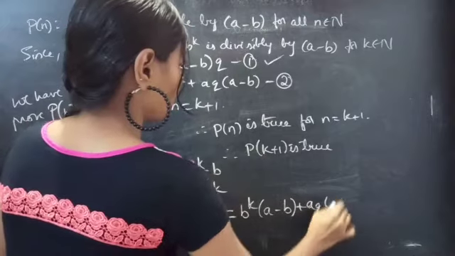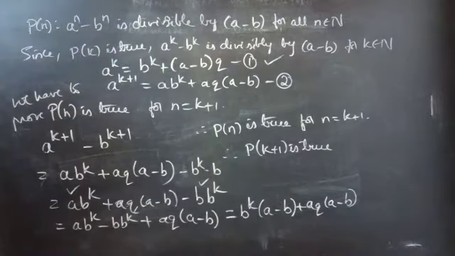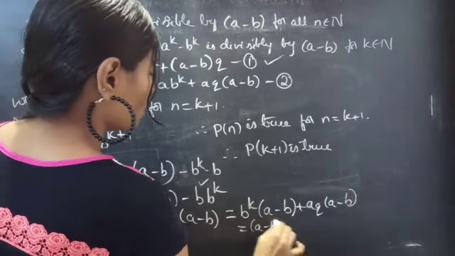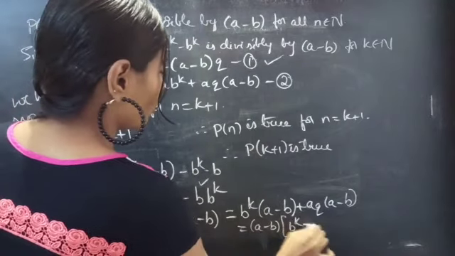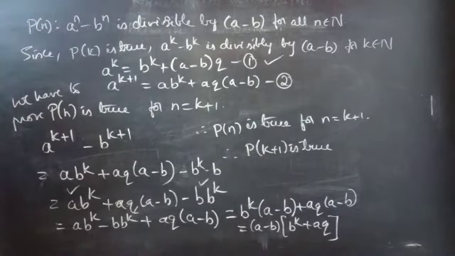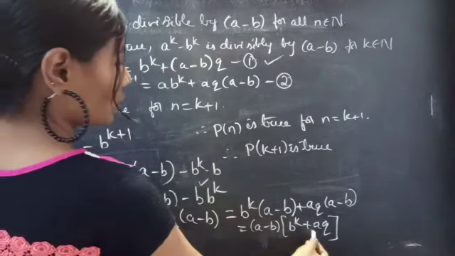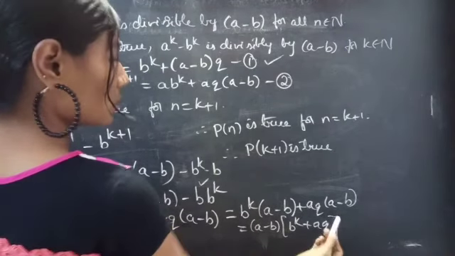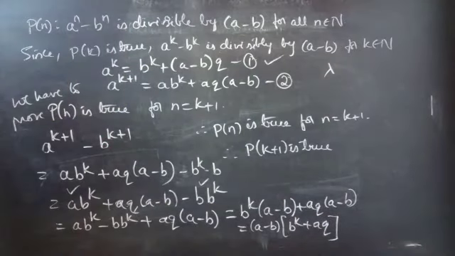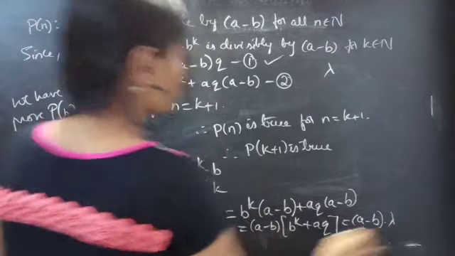Now we have a minus b in both the terms, so let's take a minus b common from these two terms, and you'll get a minus b times b power k plus a q. Here b power k plus a q is the quotient we already represented by lambda, so you get a minus b into lambda.